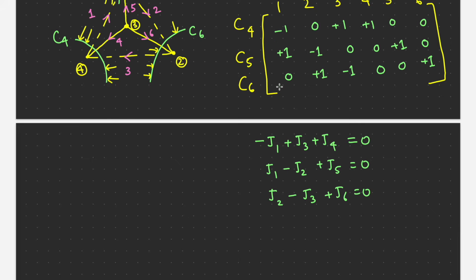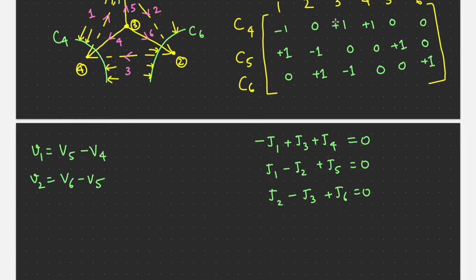Now we will take individual columns to write the branch voltages. The branch voltage in branch number 1 will be V5 minus V4. For branch number 2, it is V6 minus V5.